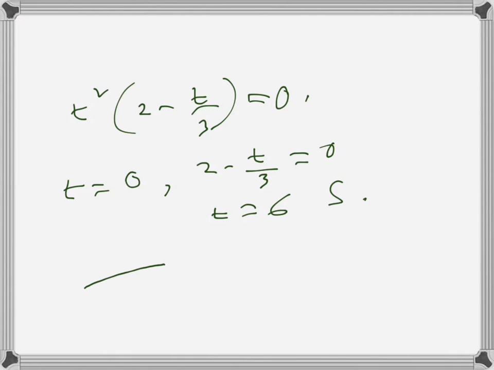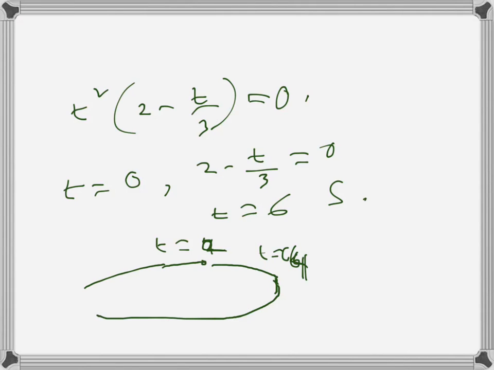So that means when it goes in the forward direction, at t equal to 2 it reaches maximum velocity, then it decelerates, and after 4 seconds it returns, and then this time it travels faster, but that doesn't matter.